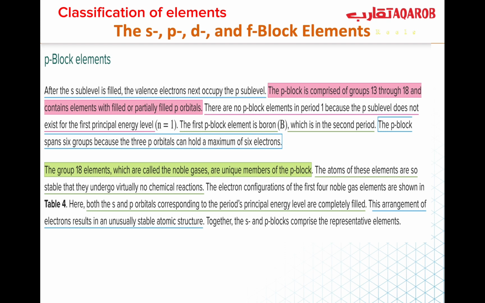Here both the S and P orbitals corresponding to the period's principal energy level are completely filled. The arrangement of electrons results in an unusually stable atomic structure. Together, the S and P block comprise the representative elements.